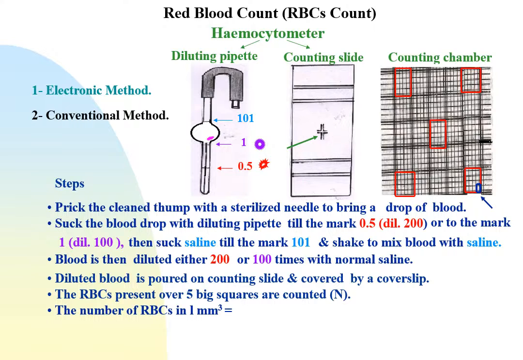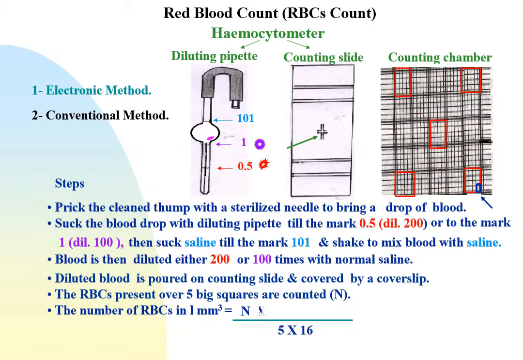The number of RBCs present in 1 cubic millimeter is calculated from the following equation. If the number of RBCs present in 5 big squares counted equals n, then by dividing this number by 5 multiplied by 16, which is the number of small squares present in a single big square, we get the number of RBCs present in a single small square.